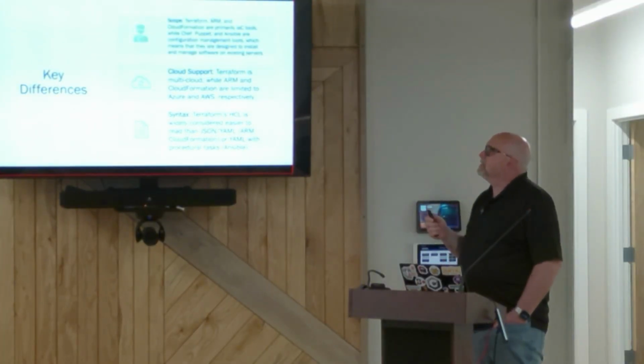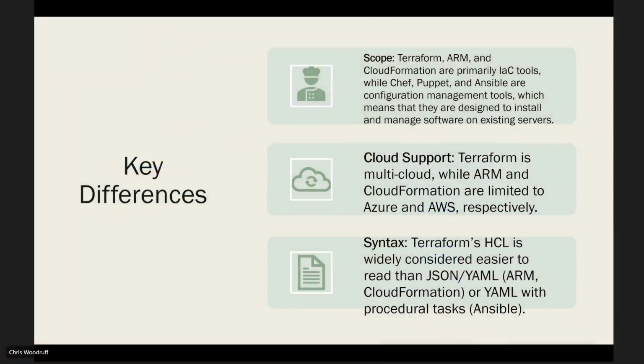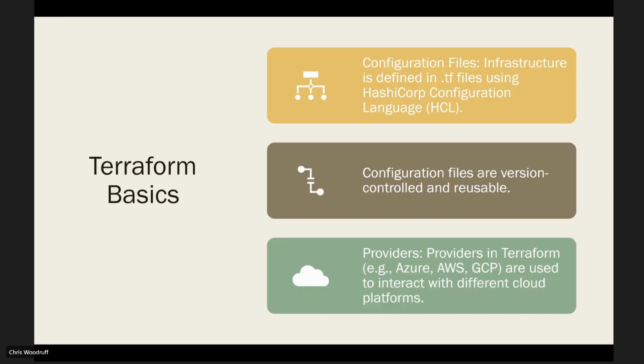So the key difference is that Terraform has a lot of good tools. It's multi-cloud, and I think HCL is a more readable configuration language than the other ones use, which have YAML and JSON or just YAML. Terraform uses .tf files.